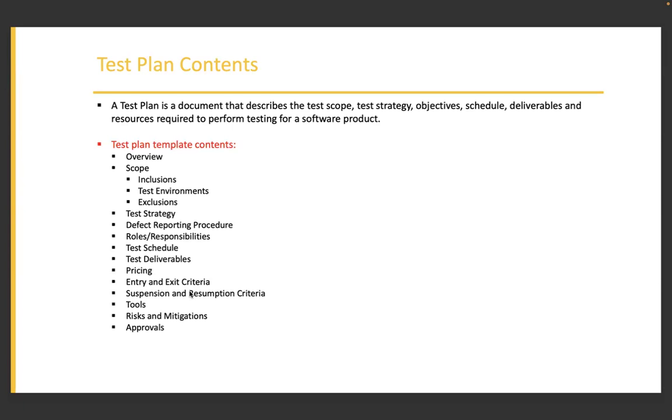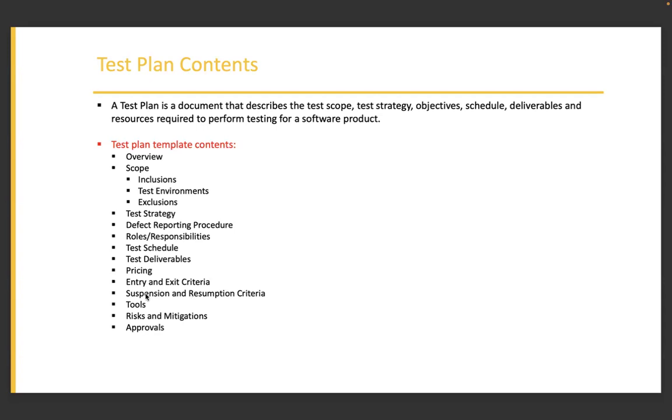All this will be present in your test plan document, which is usually around 45 to 50 pages sometimes. It depends upon the project complexity, guys. Clear everyone? Anybody has any doubt, query, questions?